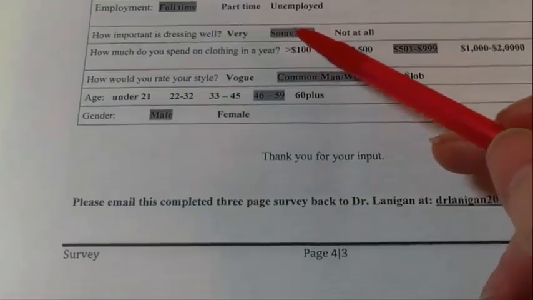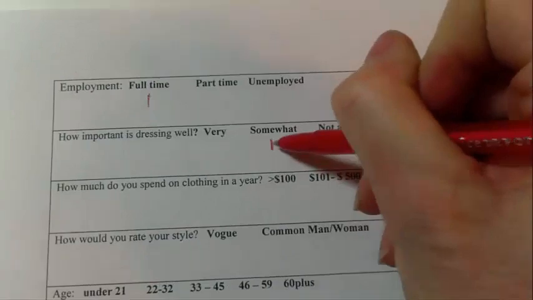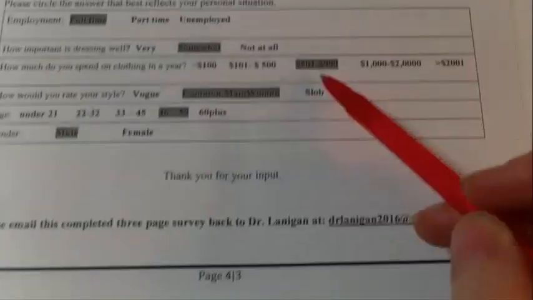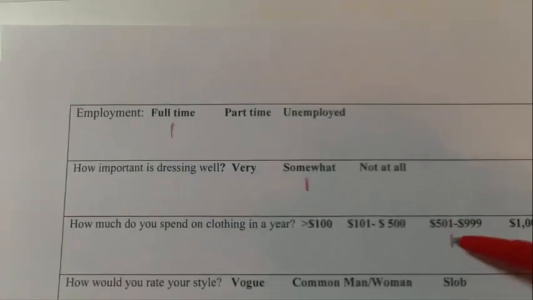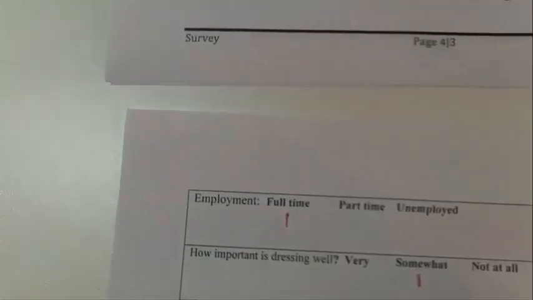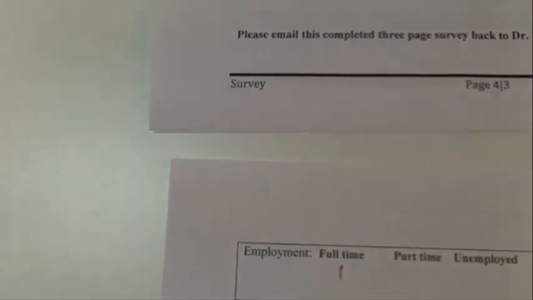So this respondent indicated full-time, so I marked that. They indicated that dressing well was somewhat important, so I'm tallying that. I'm marking each response because remember I'm looking to get an average of the collective response.